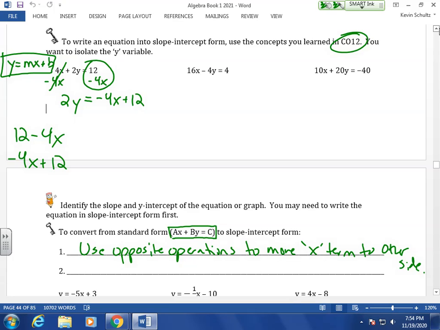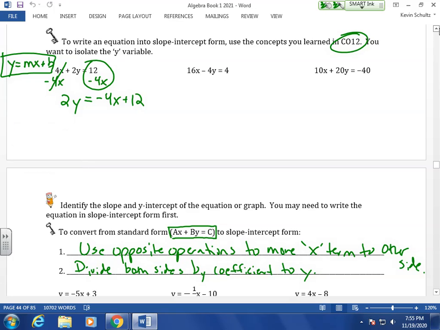Then step 2 is divide both sides by the coefficient to y. For slope-intercept form, I've got to get y by itself. So I need to divide both sides by, in this case, 2 to cancel that coefficient out.